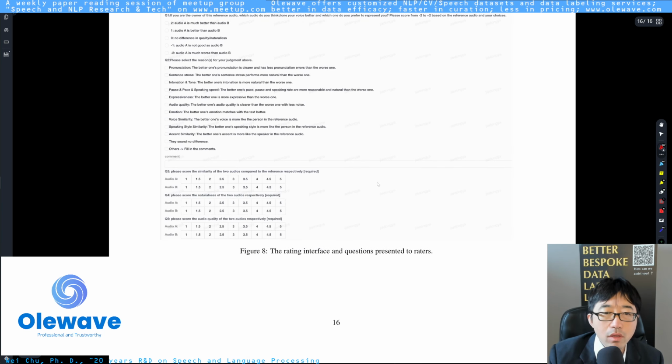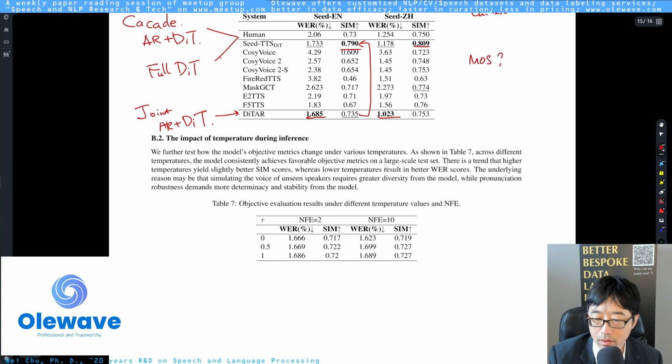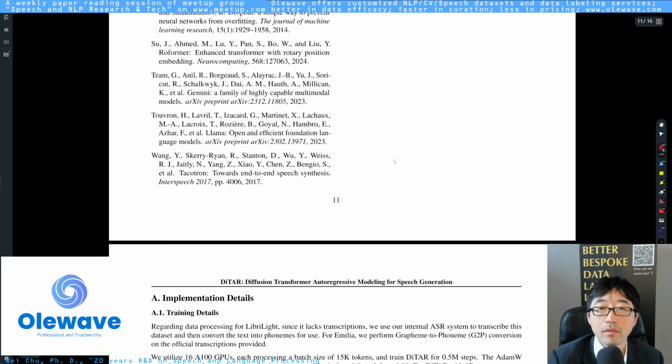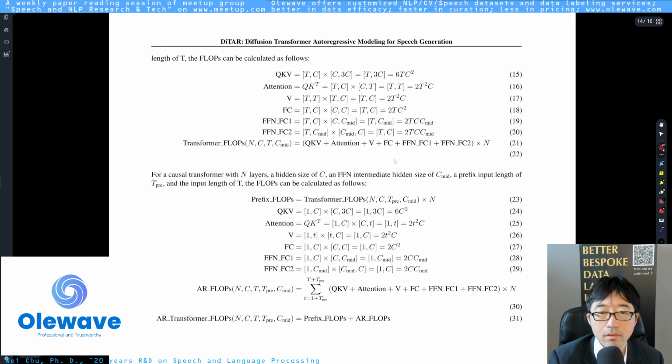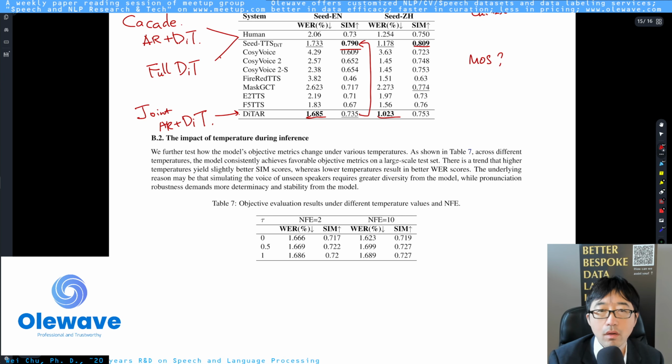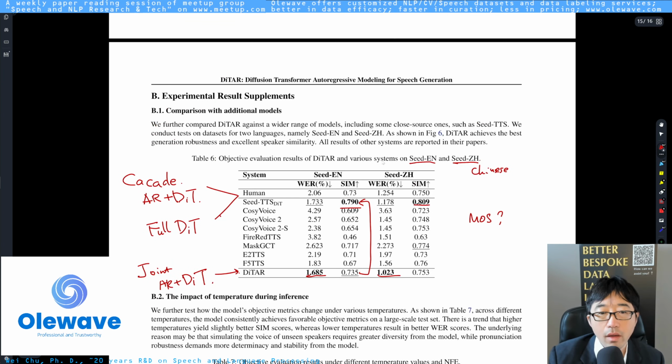Temperature. Where's Table 6? This is Table 5. This is Table 6 already. Okay.